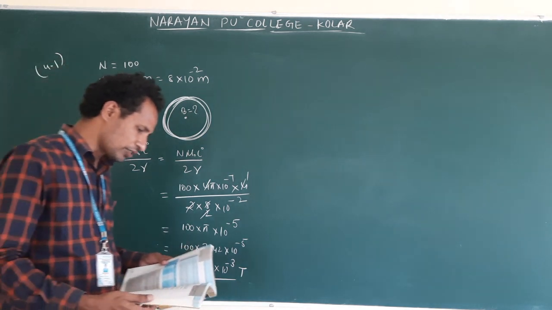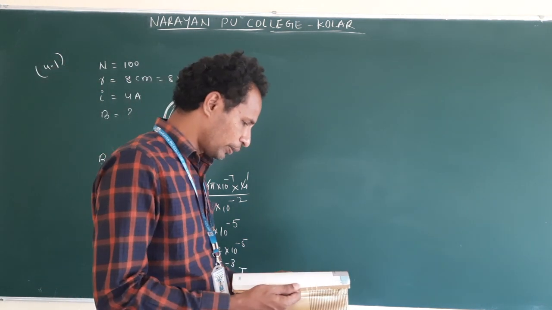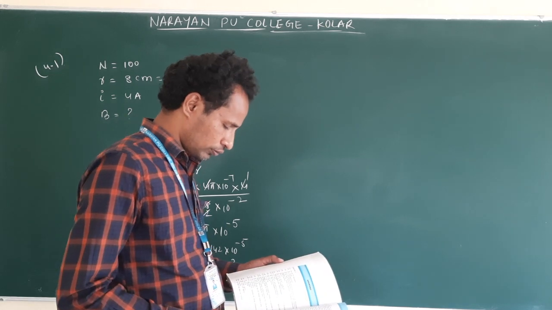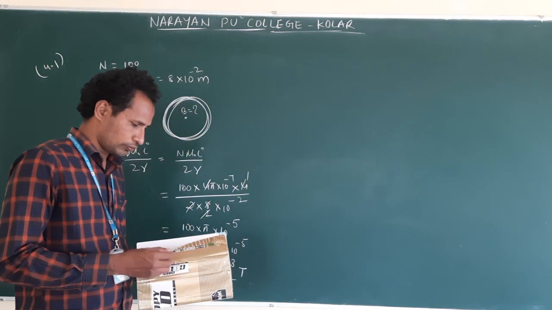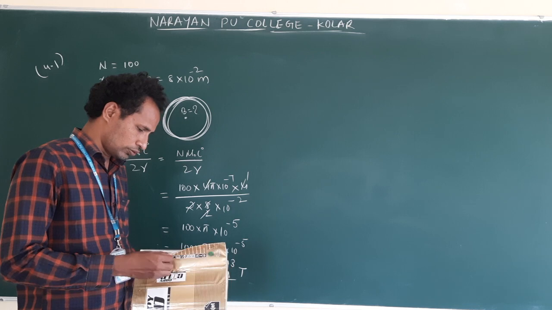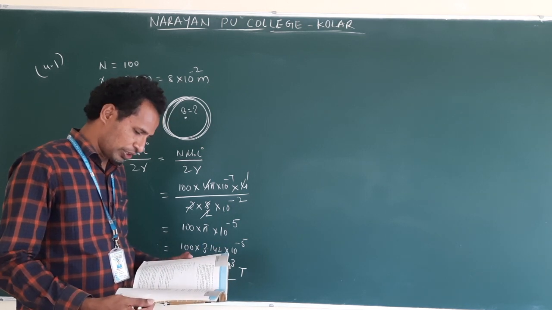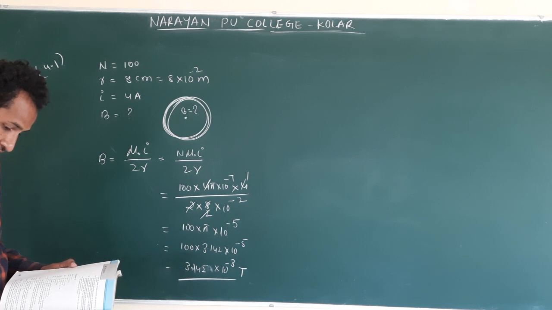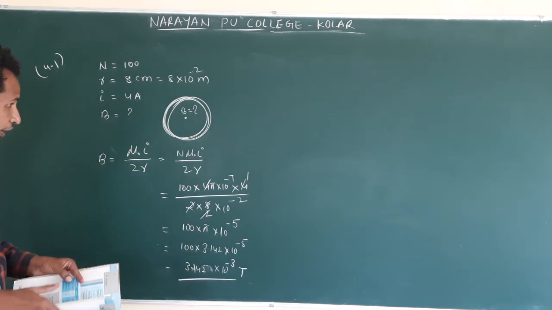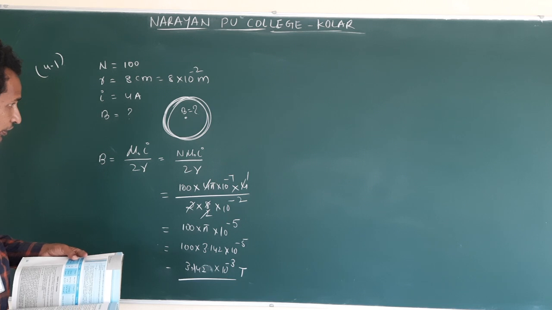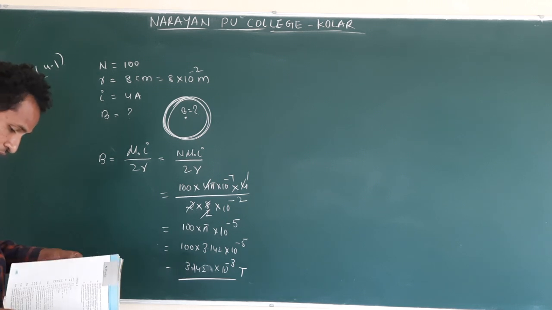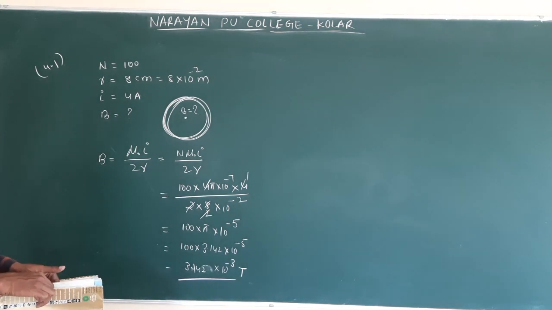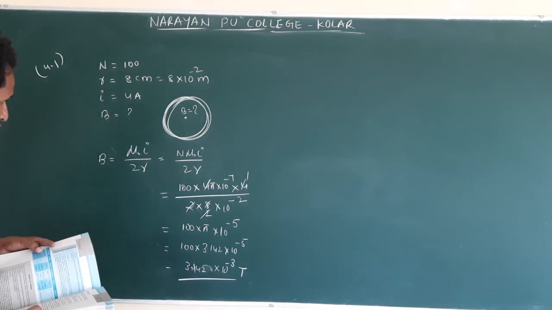Okay, let me check the answer. It is 3.14 into 10 power minus 4 given. Where did we make a mistake? Powers are 100, 0.4.